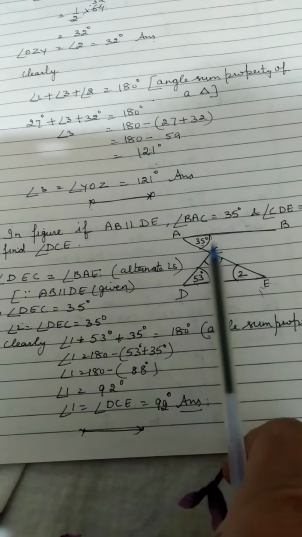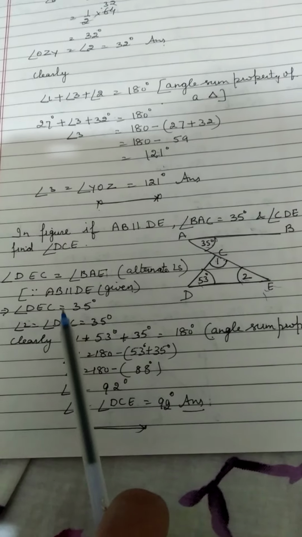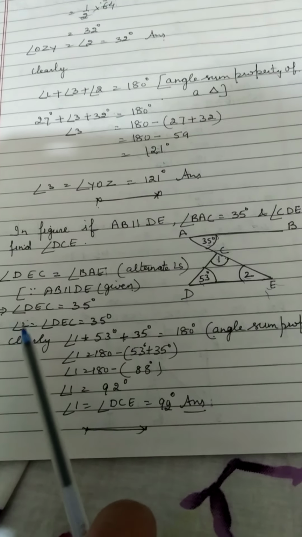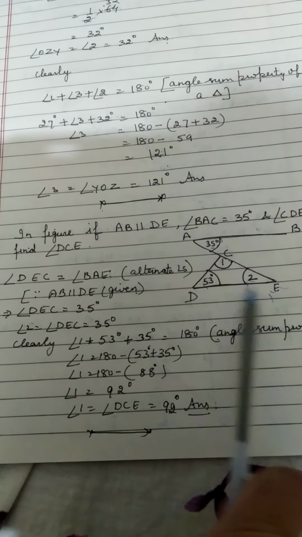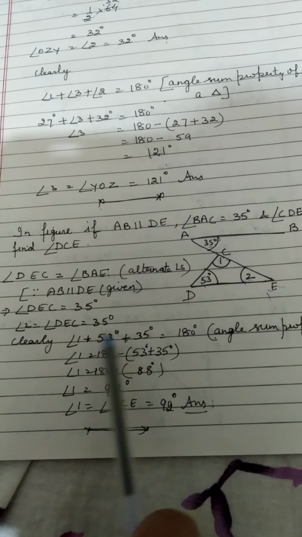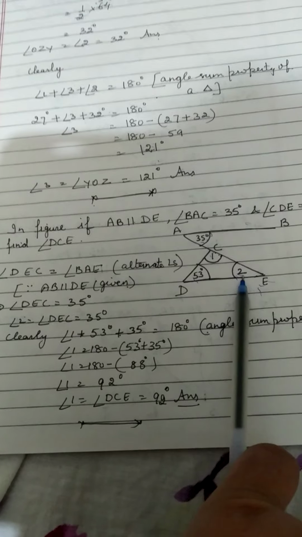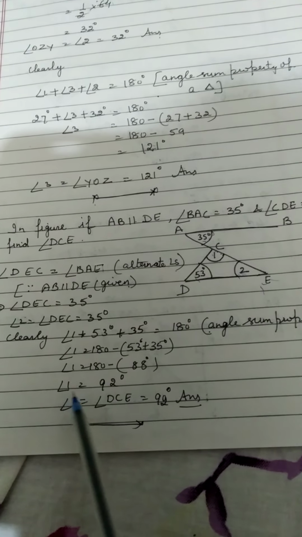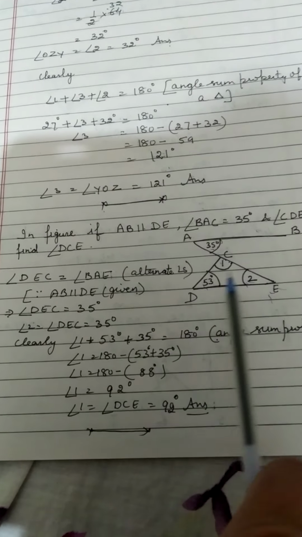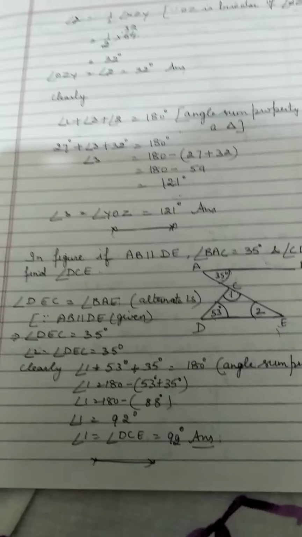These are the alternate interior angles, because AB is parallel to DE. Therefore, these alternate angles are equal. From here we get angle DEC is equal to 35. Angle 2 is equal to 35. 1 plus 53 plus 35 is equal to 180. And from here after solving we get angle 1 is equal to 92 degree. Angle 1, which is angle DCE, is equal to 92 degree.